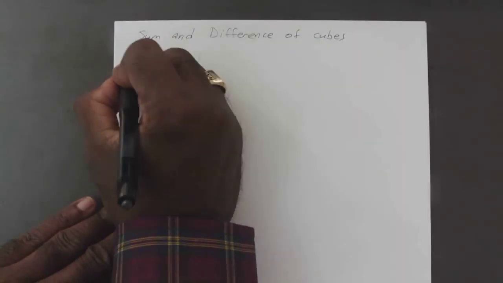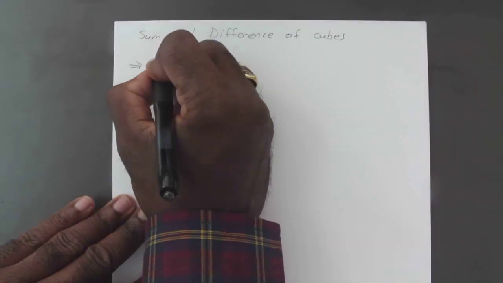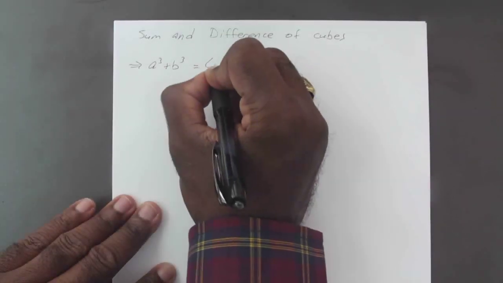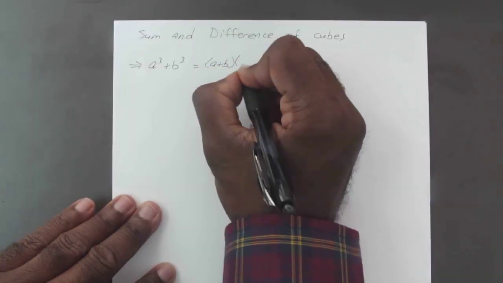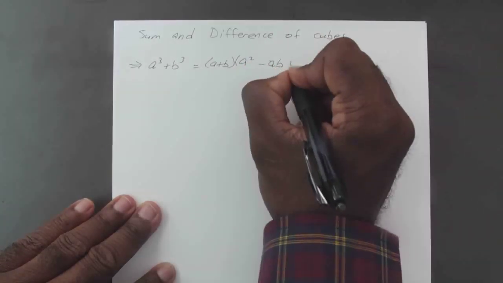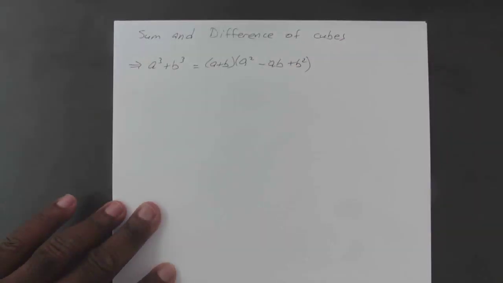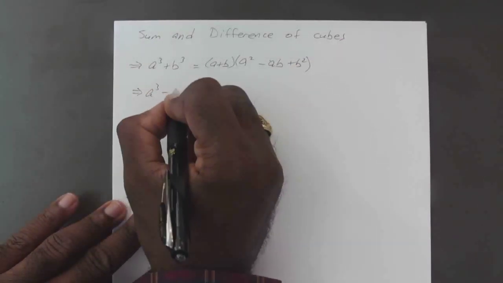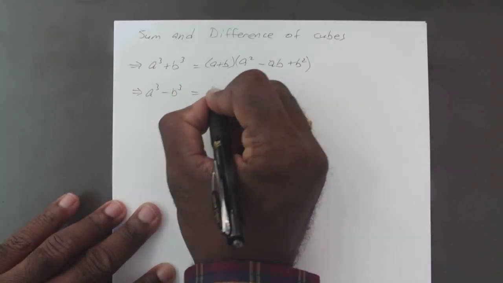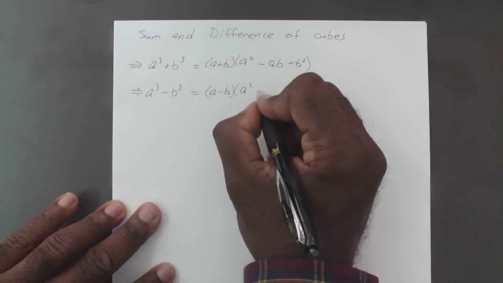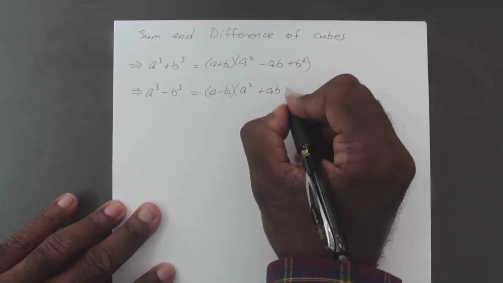Okay, so the first one, a cubed plus b cubed equals a plus b times a squared minus a times b plus b squared. And a cubed minus b cubed equals a minus b times a squared plus ab plus b squared.